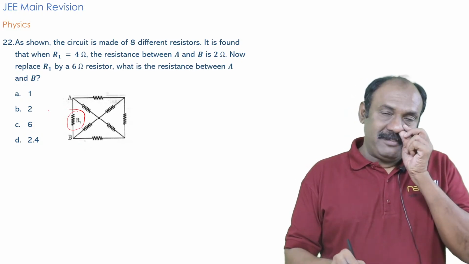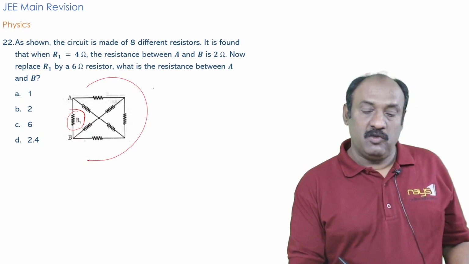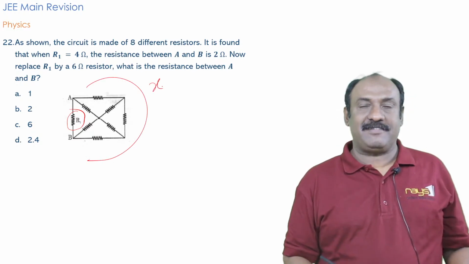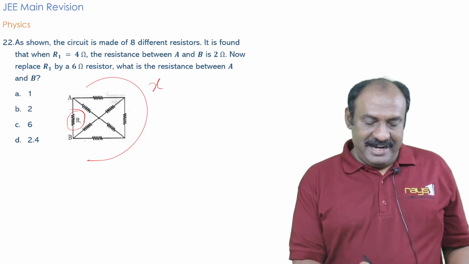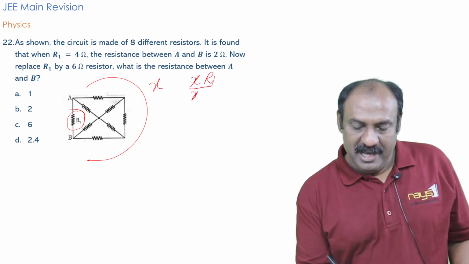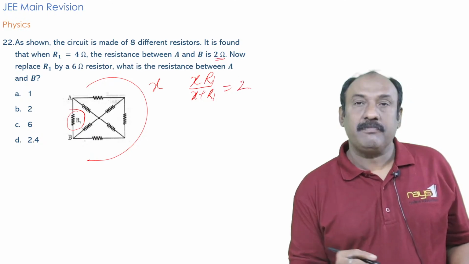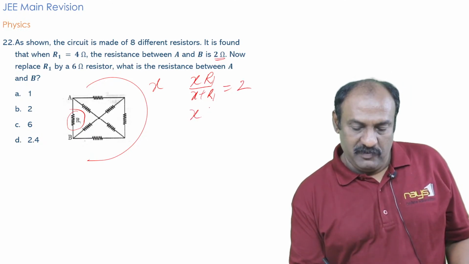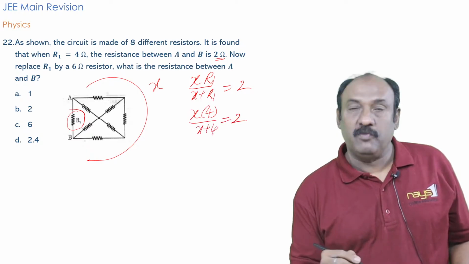For the remaining circuit, I considered its resistance to be X. Here X is connected in parallel to R1, so X times R1 by X plus R1 is given as 2 ohm. So 4X by X plus 4 equals 2.